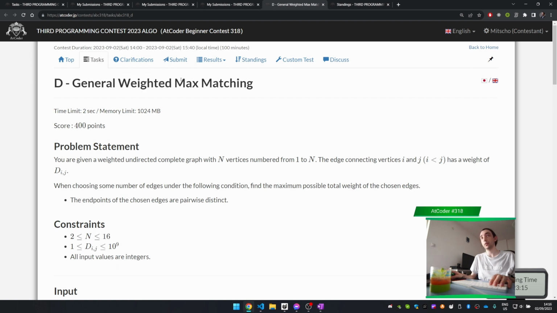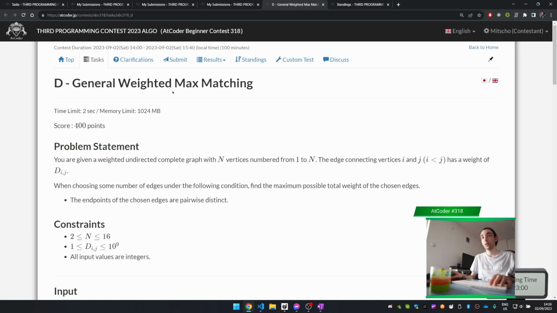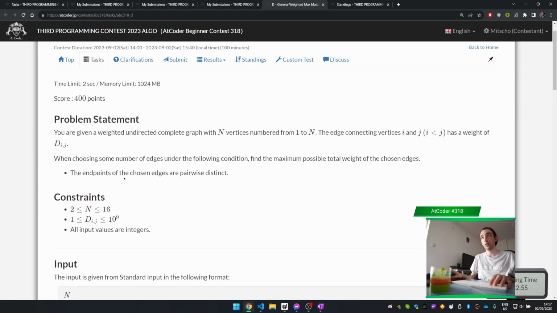Is this the thing? And then general weighted is possible, but... General unweighted is the blossom matcher. Okay, so 16. But brute force over what?